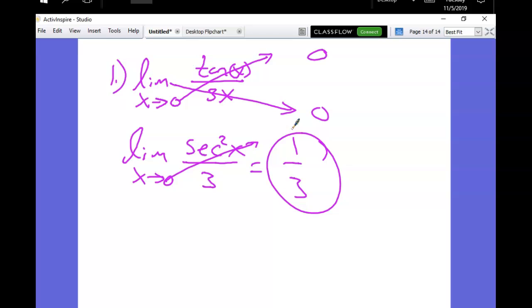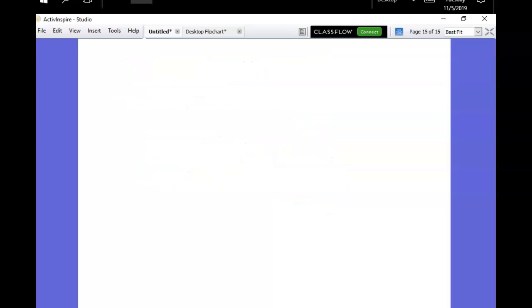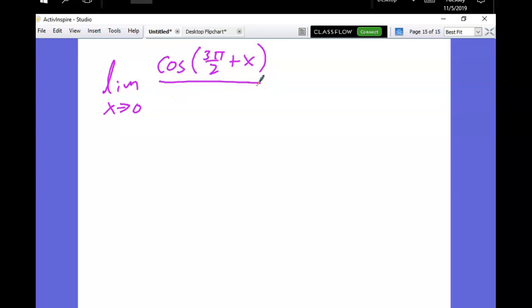Let's do another one. How's about the limit as x is approaching 0, cosine of 3 pi over 2 plus x over x.